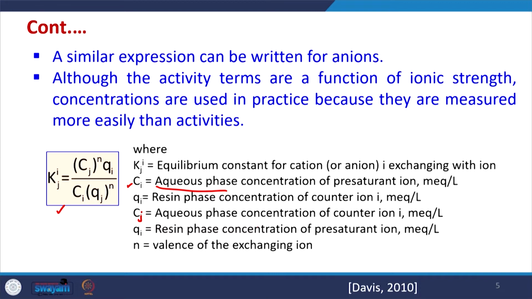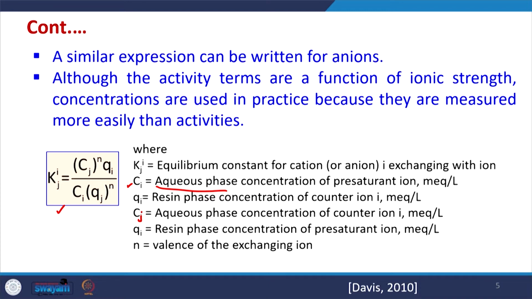Similarly, Qi and Qj are the resin phase concentrations of counter ion and pre-saturant ion respectively. So, we can write the same expression like this, generalized.